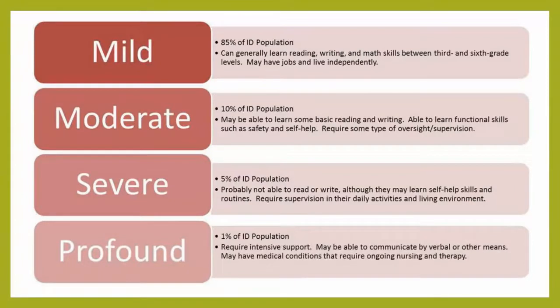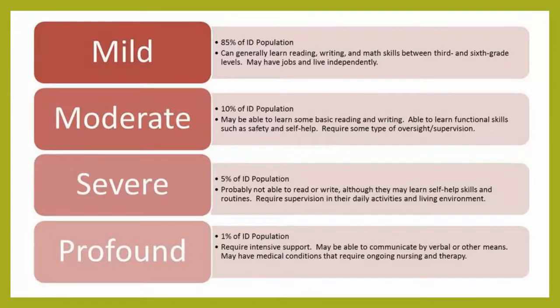So if we take our 2% of the population that have an intellectual disability, the majority of those people have a mild intellectual disability. Generally, those people who fall into this category can learn reading, writing, and math skills between the different grade levels. They can have jobs and live independently, and that's where the majority of intellectual disabilities sit.